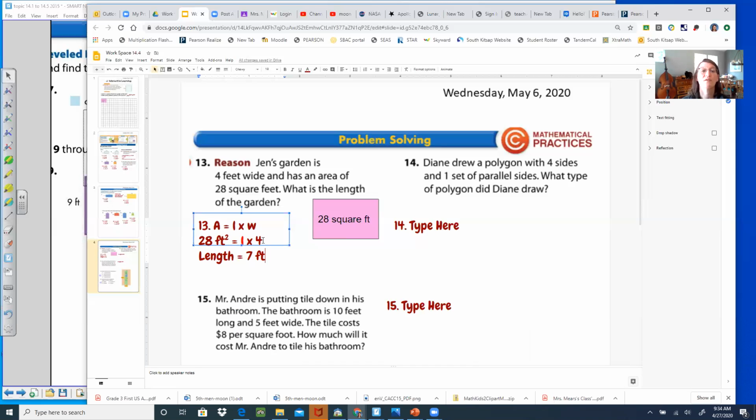So our length is 7 feet. Okay, number 14, Diane drew a polygon with 4 sides and 1 set of parallel sides.